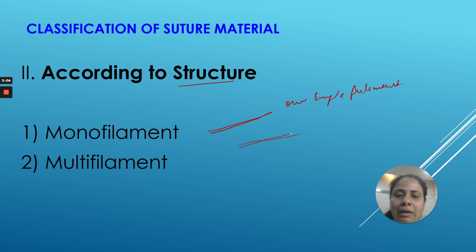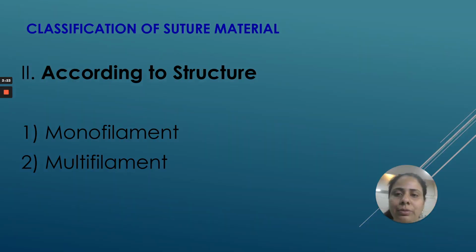Multifilament can be stacked like this, or they can be braided. These are the two classifications according to the structure.